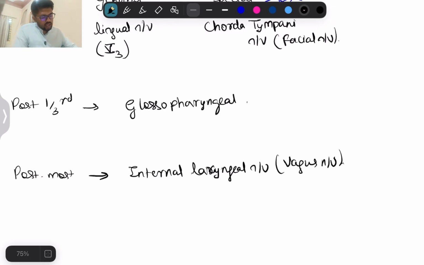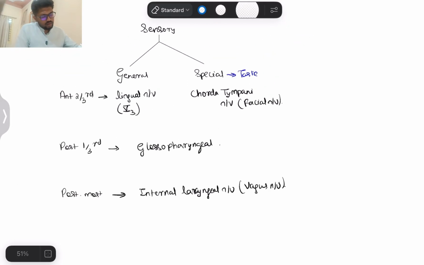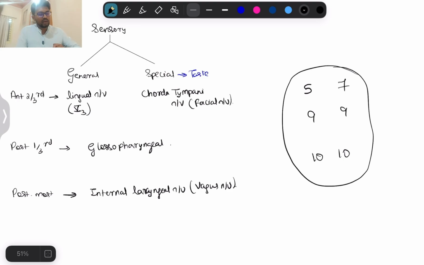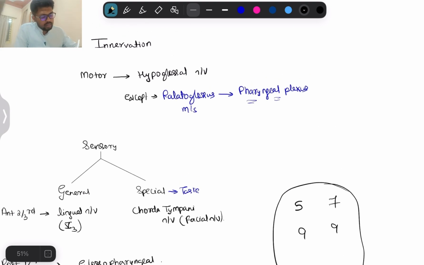So we can remember it like this: anterior 2/3 is 5 and 7, posterior 1/3 is 9, 9, and posterior most is 10, 10. This is the nerve supply of the tongue. The motor supply is by the hypoglossal nerve, except palatoglossus, which is supplied by the pharyngeal plexus.